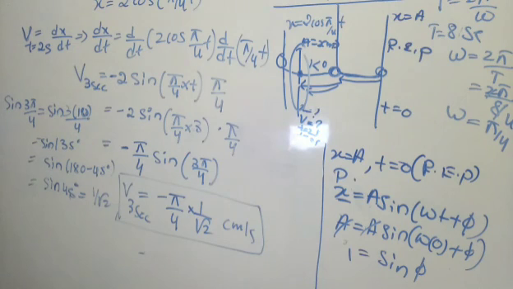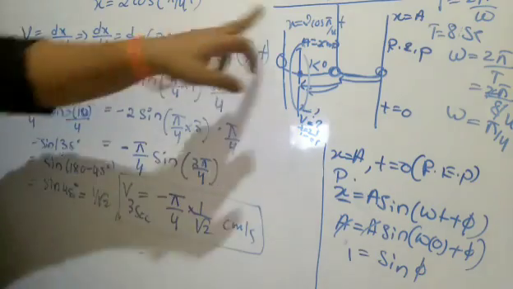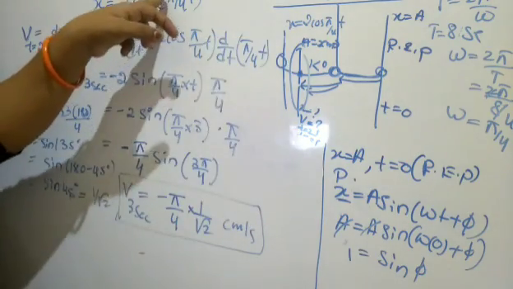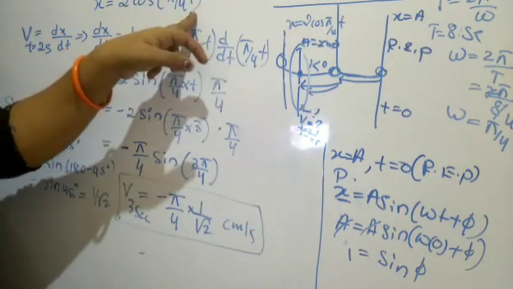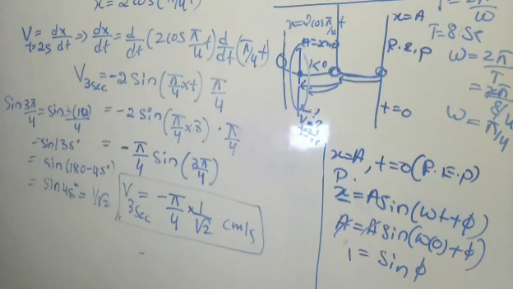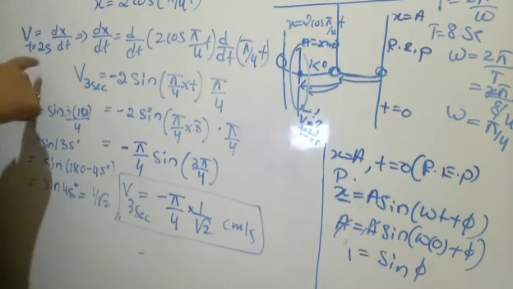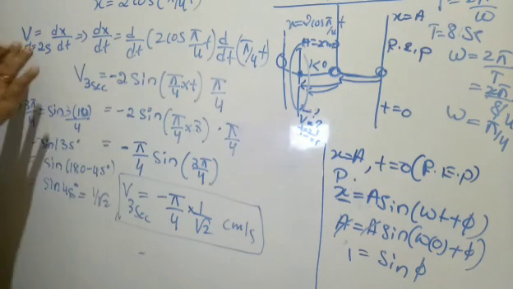With the solution, we have got the equation of a particle x is equal to a cos pi by 4 t, right? And the velocity at the time 2 seconds, how much is it?